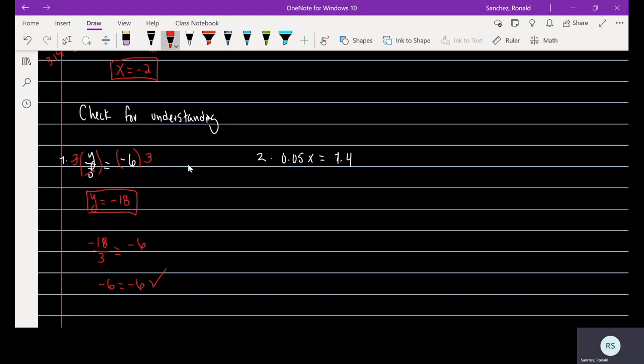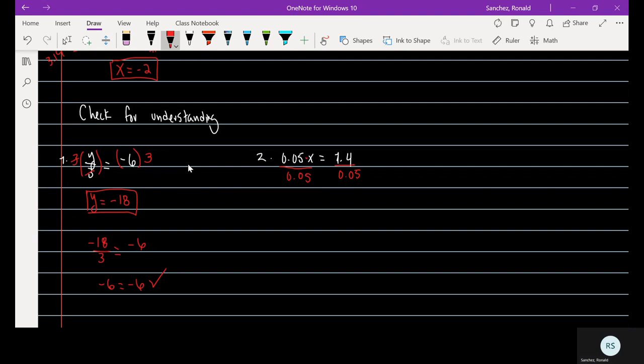Okay, so on this one, we have 0.05x is equal to 1.4. We know that the 0.05 is being multiplied times that x. Well, the opposite of multiplying 0.05 times x is dividing by 0.05 on both sides.